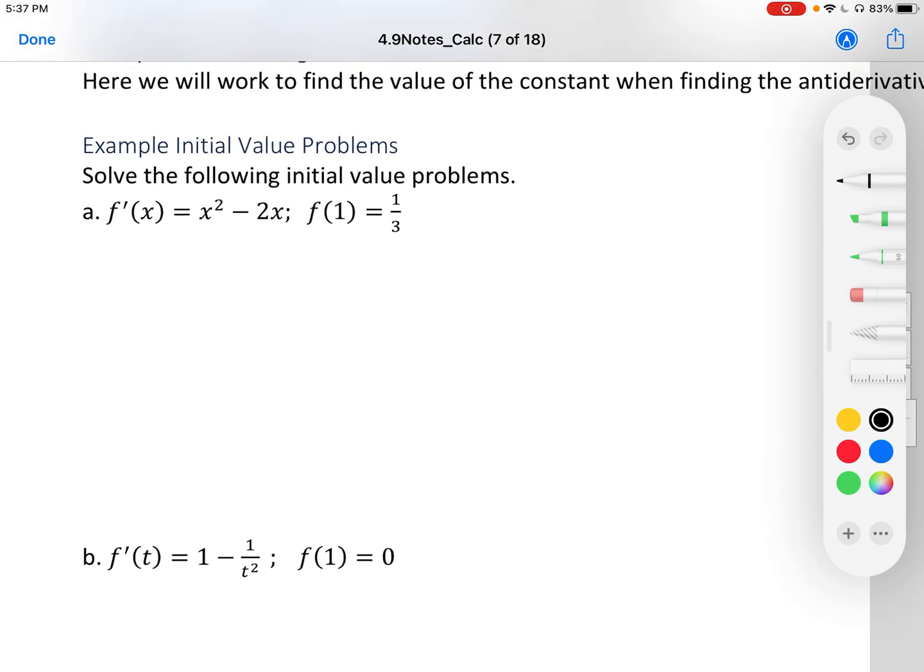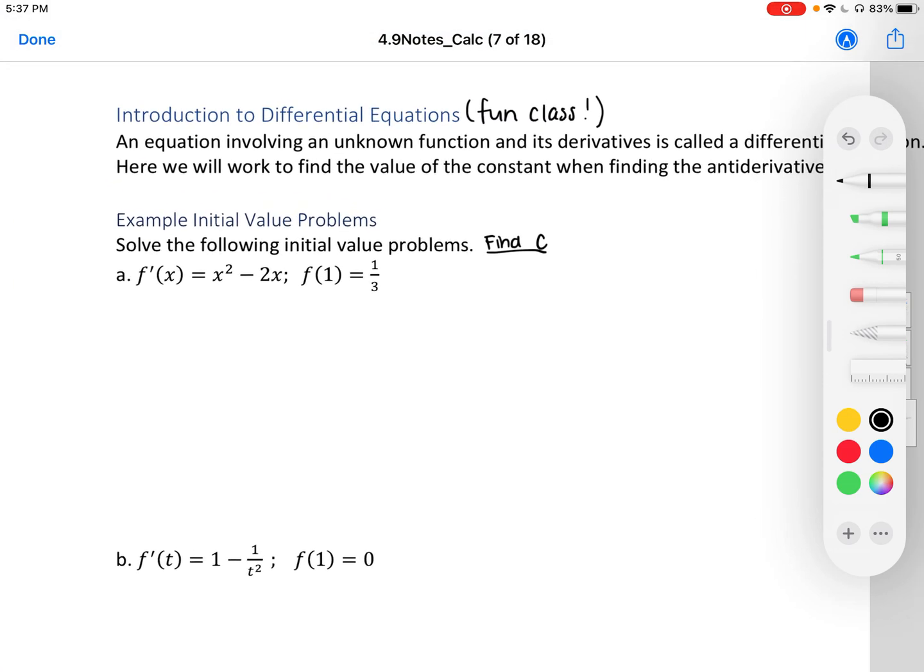So the following problems: solve the following initial value problems. In other words, find C. Okay, well, let's think about what we have.